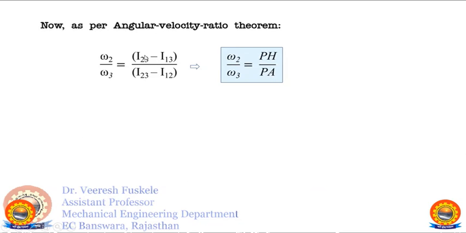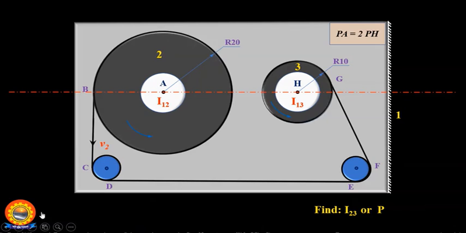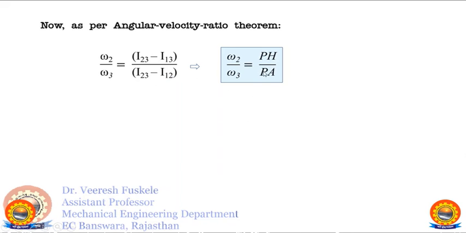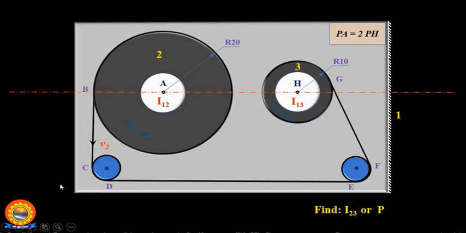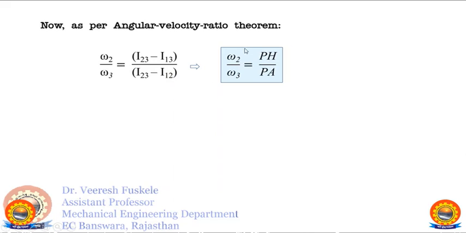How? I23 is represented by P and I13 is nothing but H. We have seen here I13 is H. Similarly, I23 is again P and I12 is nothing but point A, as seen here. So we have omega 2 upon omega 3 as PH upon PA.